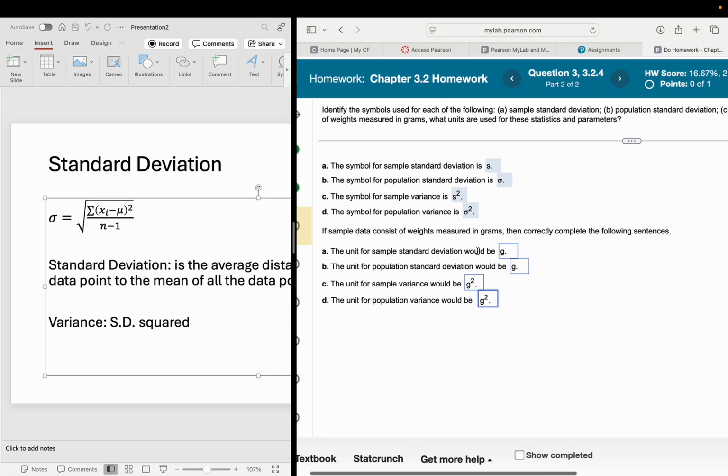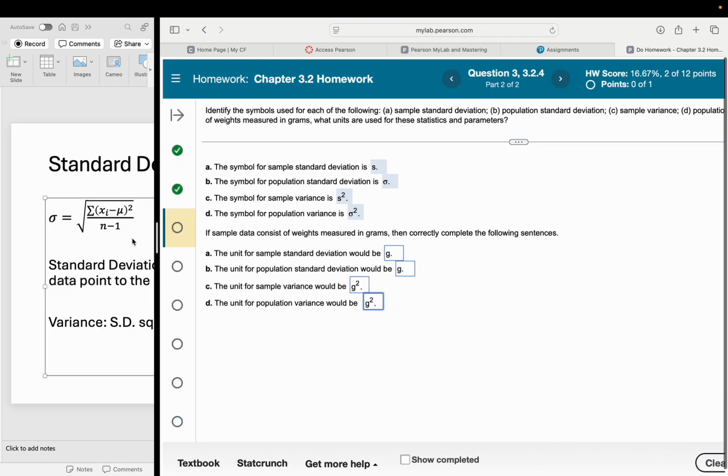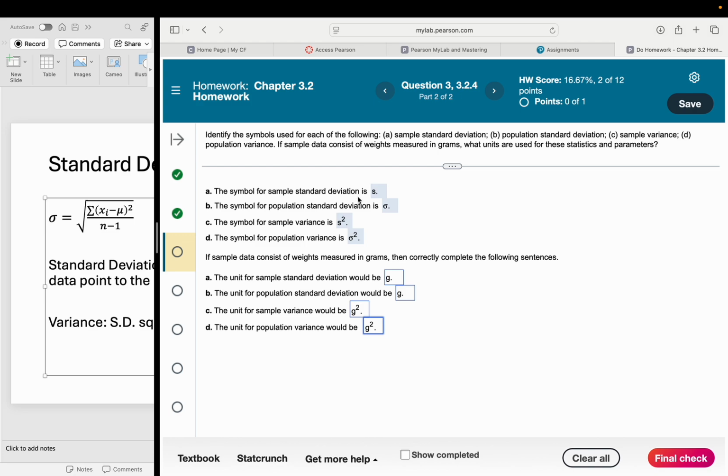The thing we're trying to say here is that usually we weigh things in single grams, and if we were to find the mean, that would be in grams. We want to make sure that our standard deviation is the same unit as what we're measuring in general. That's why we square root at the end, so that we don't end up with grams squared as a measurement. We end up with grams, just like the mean or average would be in grams as well.